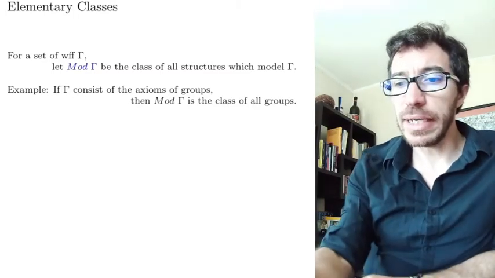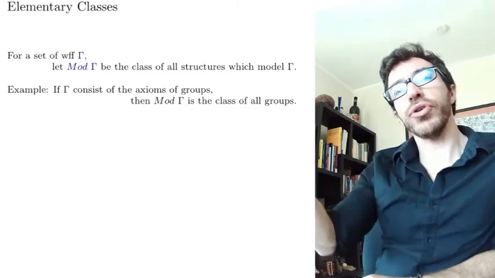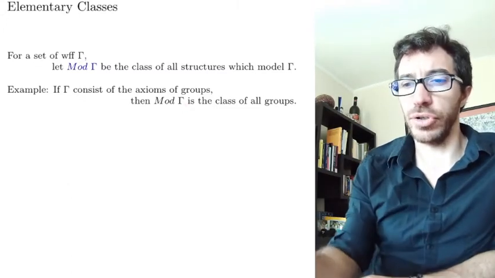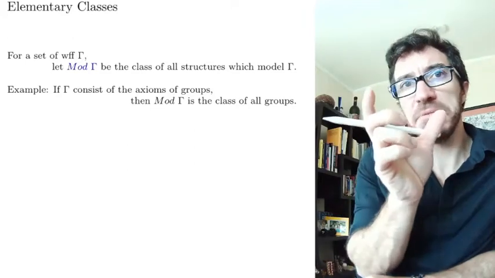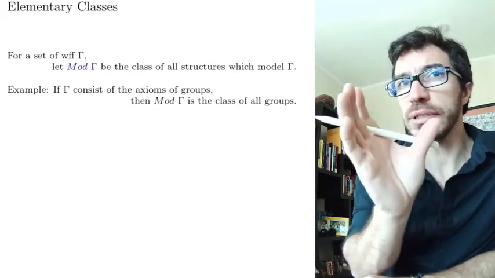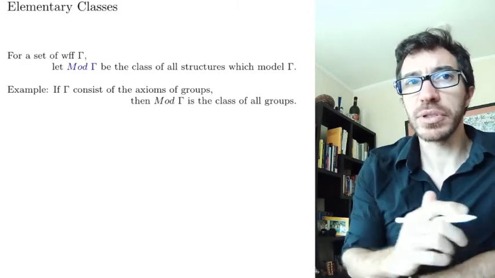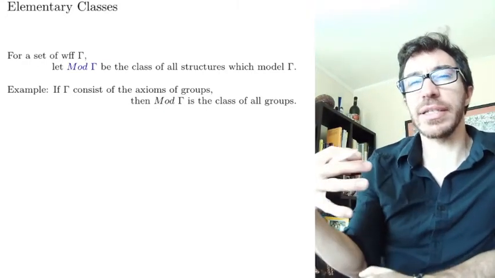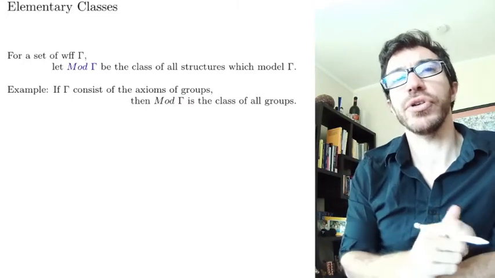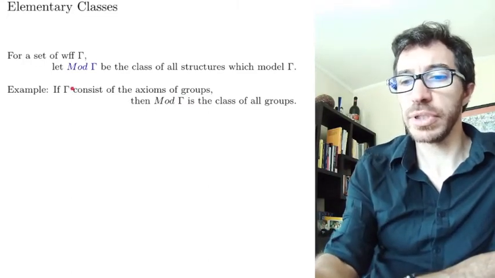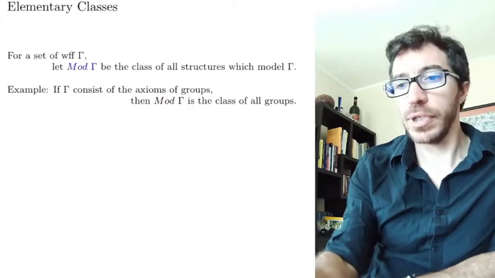Then Mod gamma is the class of all groups. Okay, so gamma here is a list of axioms. So gamma is a set of strings of symbols, and Mod gamma represents all the structures that model those axioms. Okay, so that's the difference between the axioms for groups and the class of all groups.